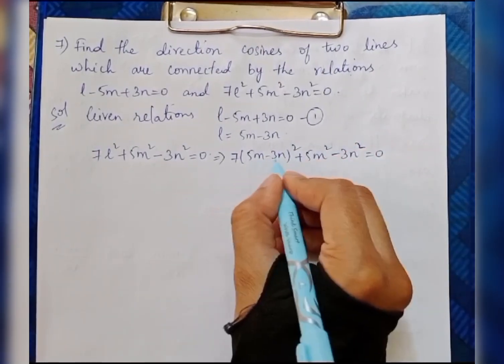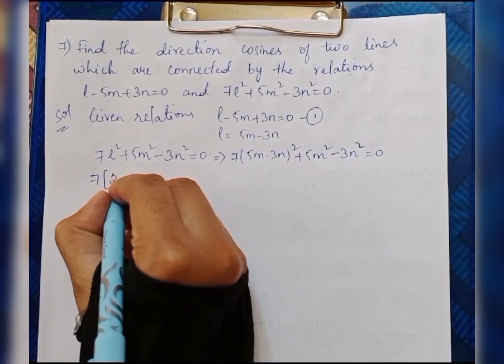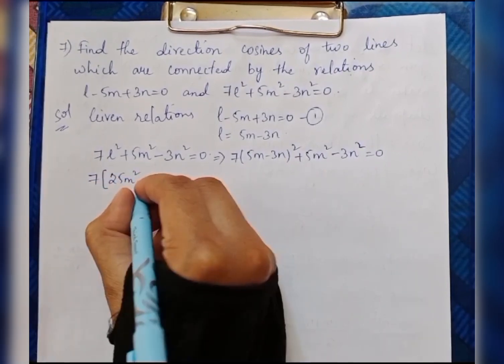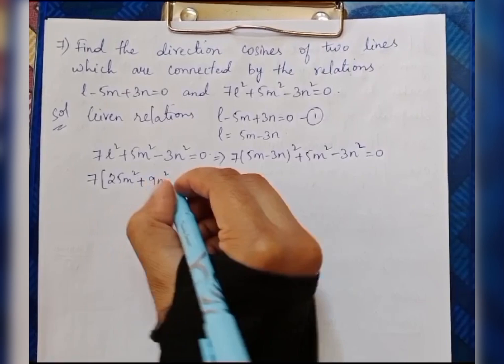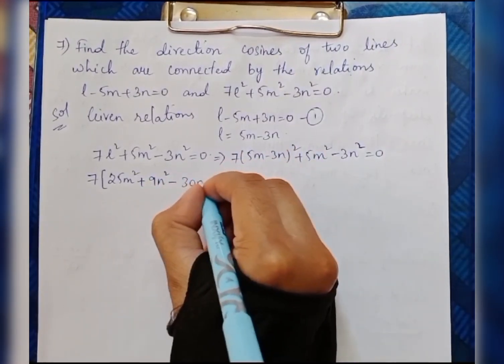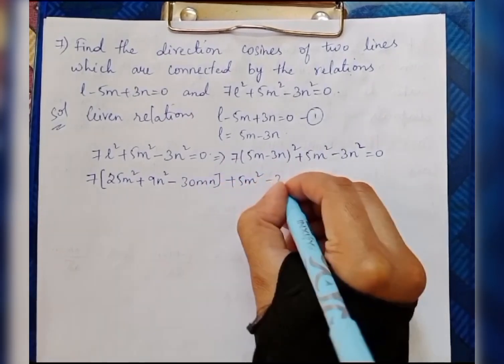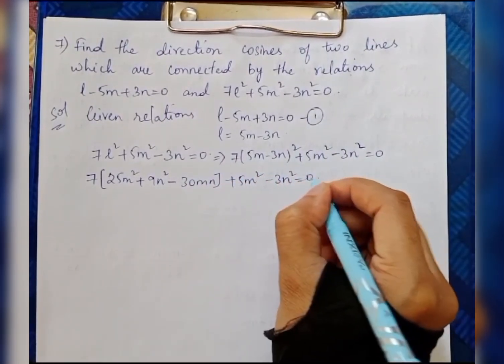Now applying the (a minus b) whole square formula, 7 into 25 m square plus 9 n square minus 2 into 5 into 3 is 30 mn, plus 5m square minus 3n square equals 0.